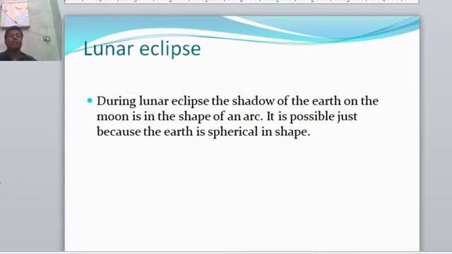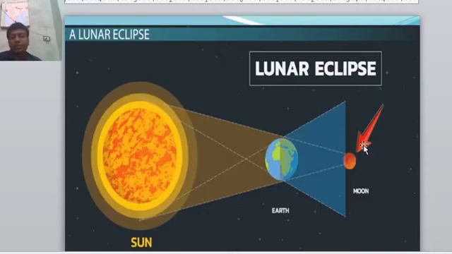Now lunar eclipse. So dear students, you have seen in this picture, when Earth comes between sun and moon, it is a lunar eclipse.